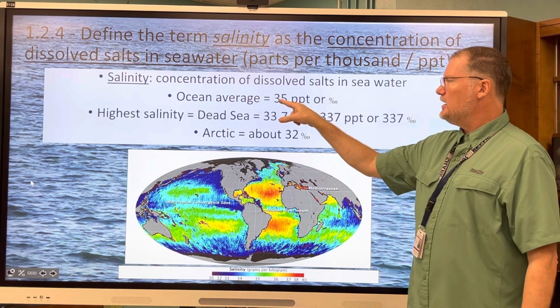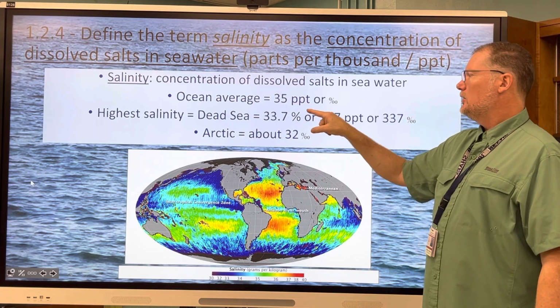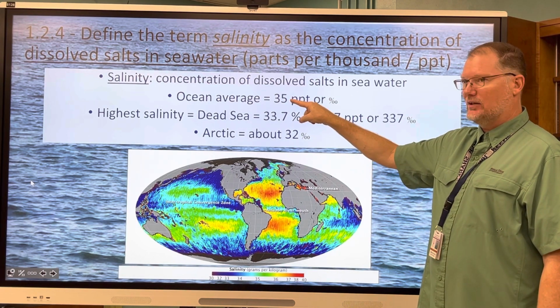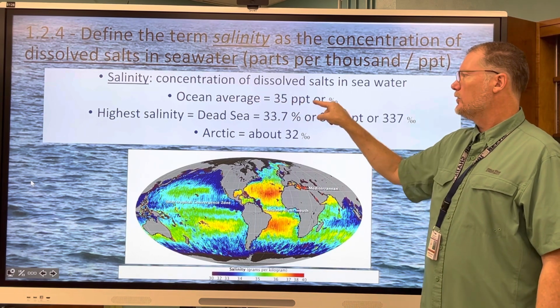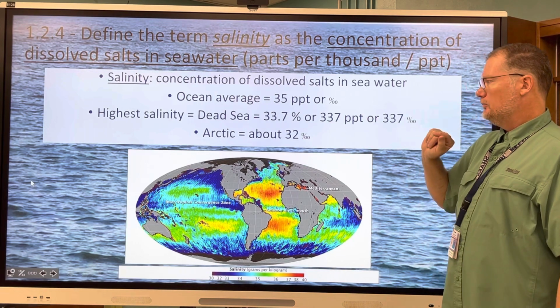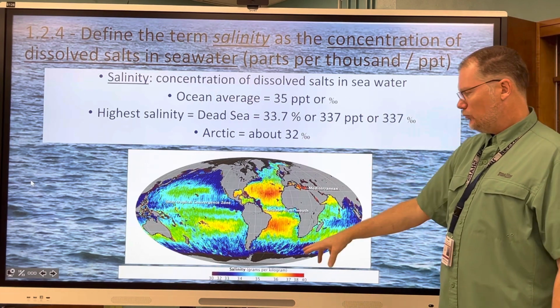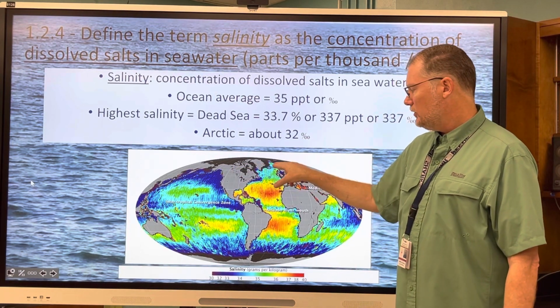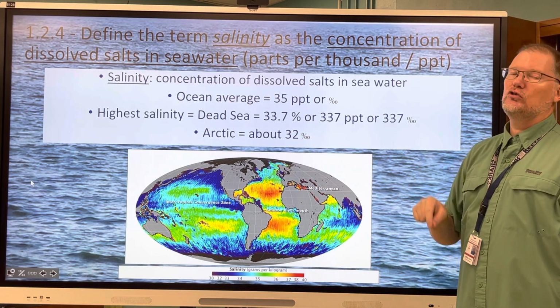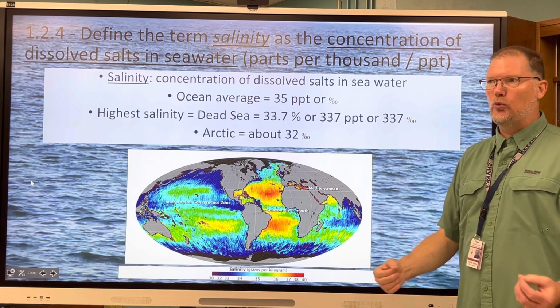Whereas this is 3.5% salinity. 3.5%. Because you move the decimal place over one to go from thousands to hundreds, right? And the Arctic, which is up here, right there, see the light blue? Okay, that's the least, about 32 parts per thousand, or 3.2%.